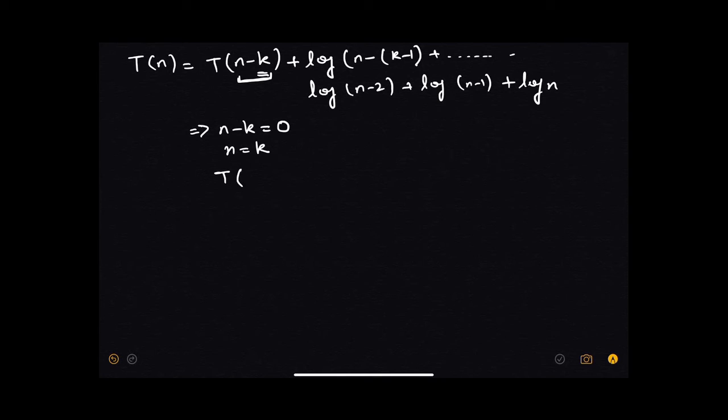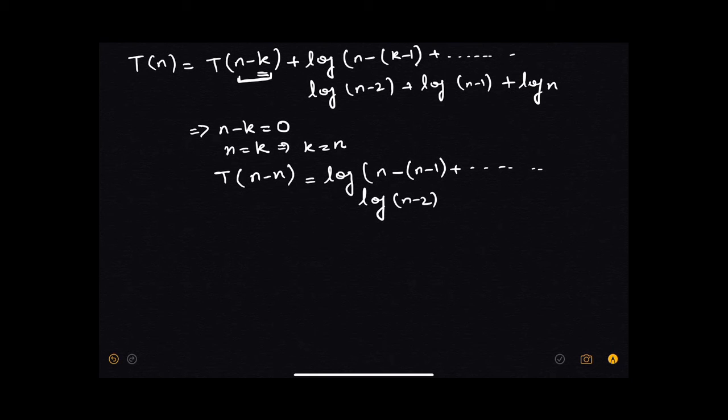So what I get is T(n-n), or I can say that k equals n. So this becomes T(n-n) = log 1 + log 2, up to log(n-2) + log(n-1) + log n.